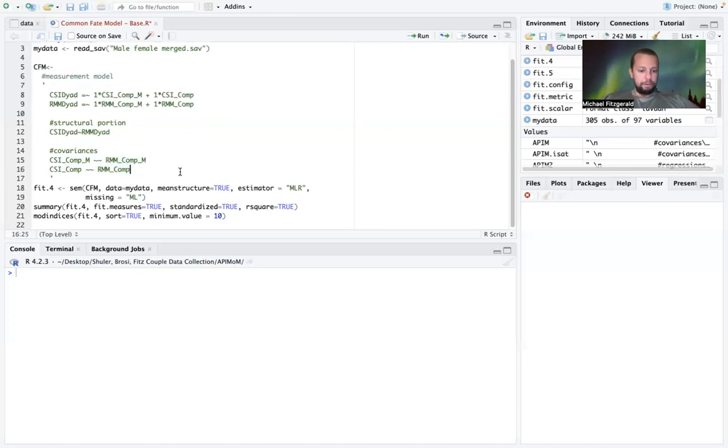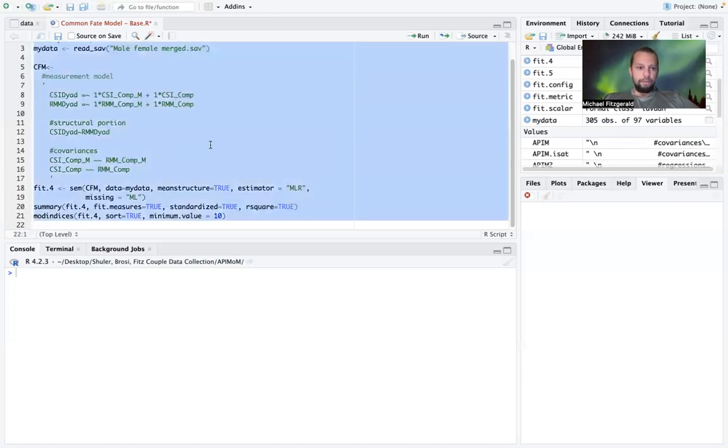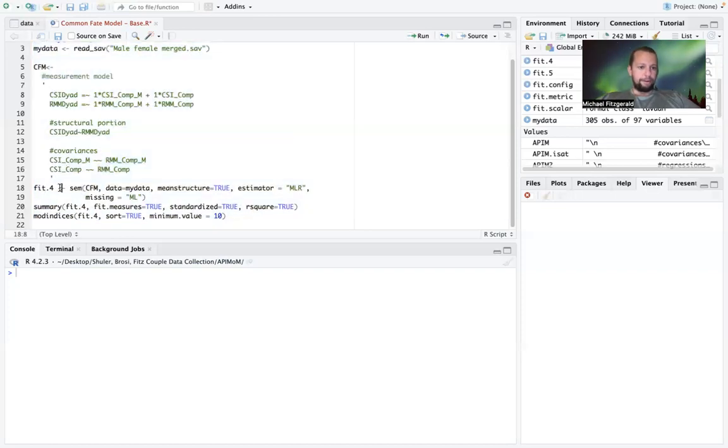And what we will do is go ahead and run this. Down here is a very straightforward common syntax that you will see. Here we're creating our fit object, and we're using the SEM function within lavaan. Then we have our model name, and then we have our data name, which comes from our data object up here.